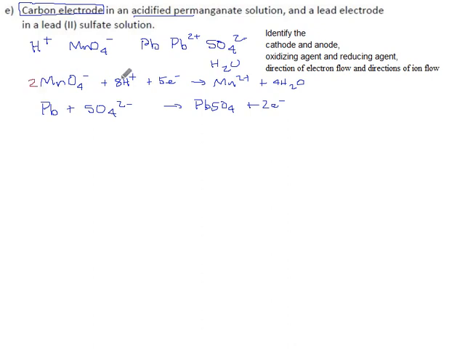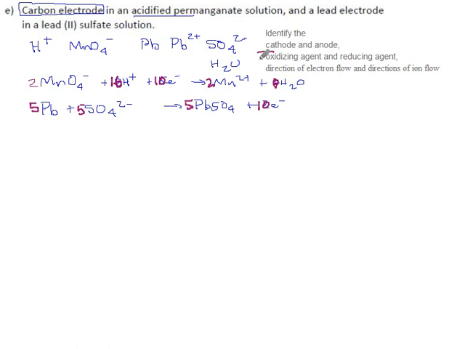Twice as much. Twice as much is 16. Twice as much here is 10 electrons. Twice as much, and twice as much there makes 8 water. And for this one, we have 5 times full works, and now our number of electrons matches, which is what we hope to see. So we've got our oxidizing agent.